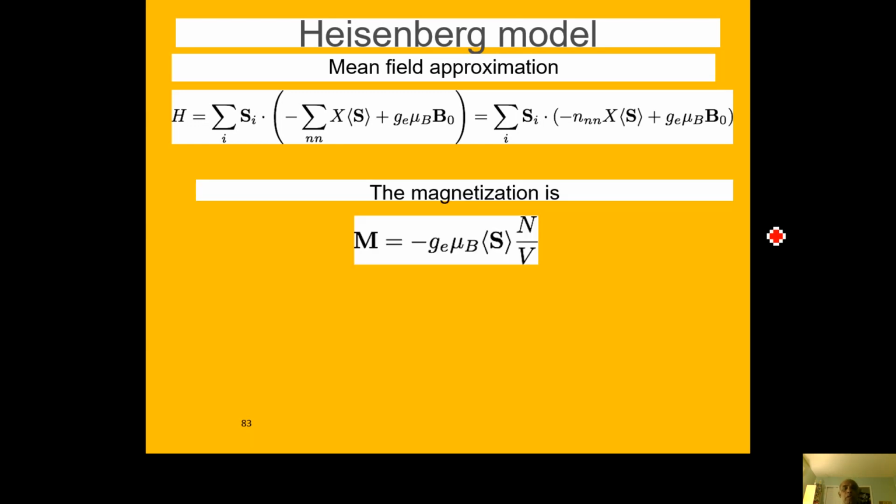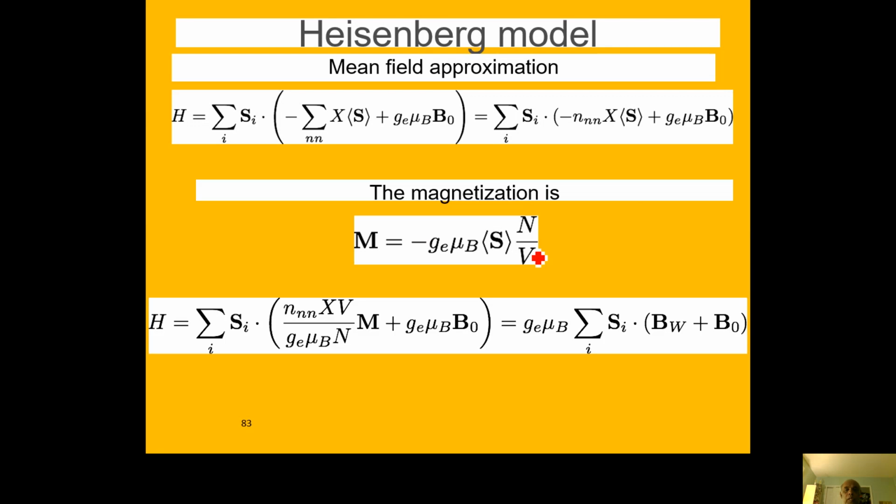Now we know how to calculate the magnetization, which is given by the total magnetic moment. Remember the magnetic moment is given as Ge times mu B times S. If you have a total number of spins N, to get the magnetization you have to find the total number of dipoles per unit volume.